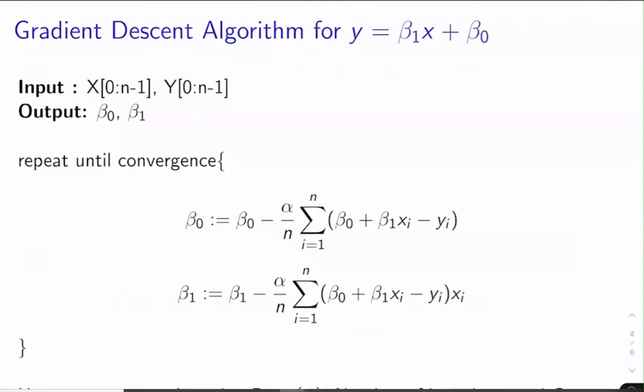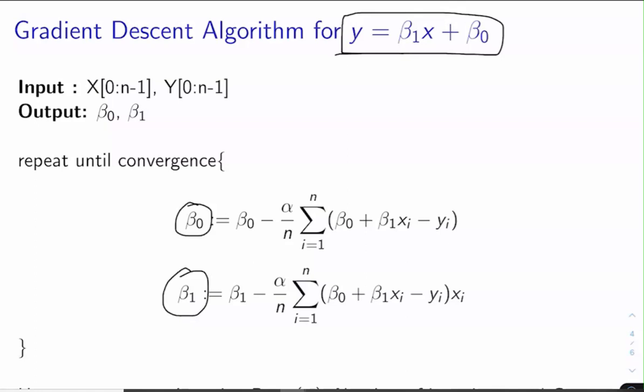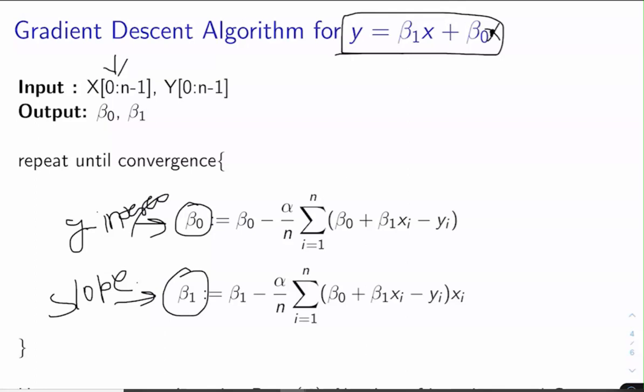Now we have seen the gradient descent algorithm for simple linear regression modeling, and this is the algorithm. In it we try to estimate two different coefficients: beta 0 is the y-intercept, and beta 1 is the slope, or coefficient of x. There are two inputs given, the input feature and the output feature, and the output of this algorithm is two parameters, beta 0 and beta 1.